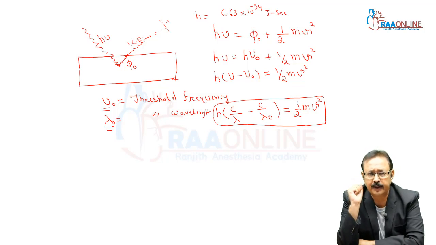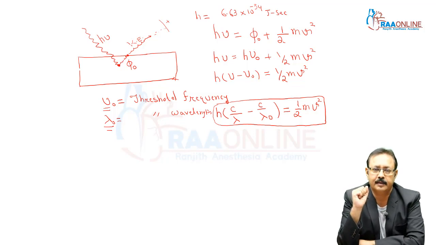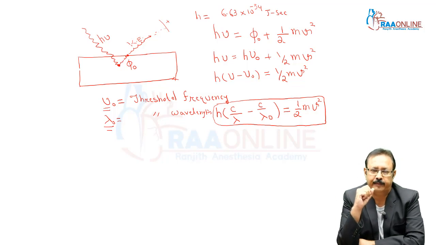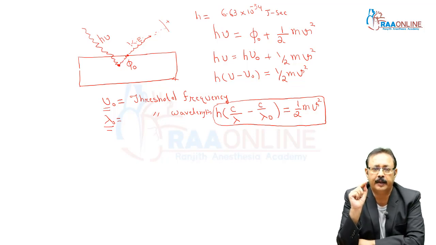If one mass hits another mass, only then it can supply momentum to that mass. If a photon hits the electron and throws it out from the matter, it means photons are behaving like a particle. Getting my point? Photons are behaving like a particle.